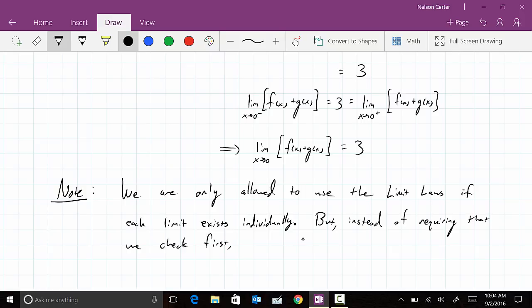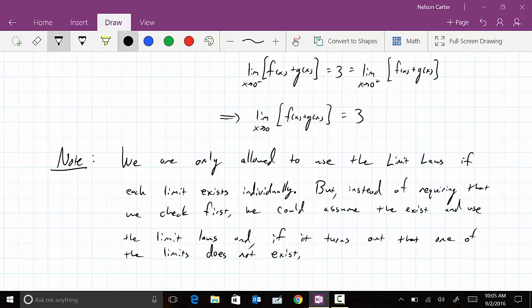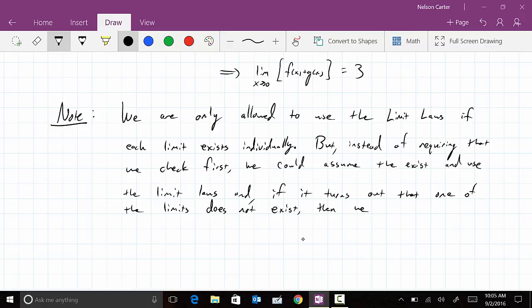assume they exist and use the limit laws, and if it turns out that one of the limits does not exist, then we consider all the work that followed our assumption as null and void.